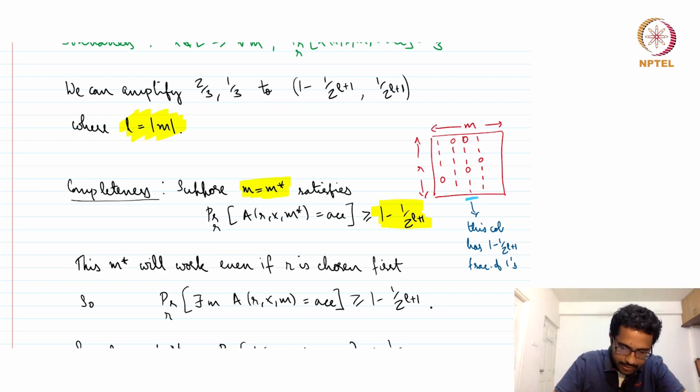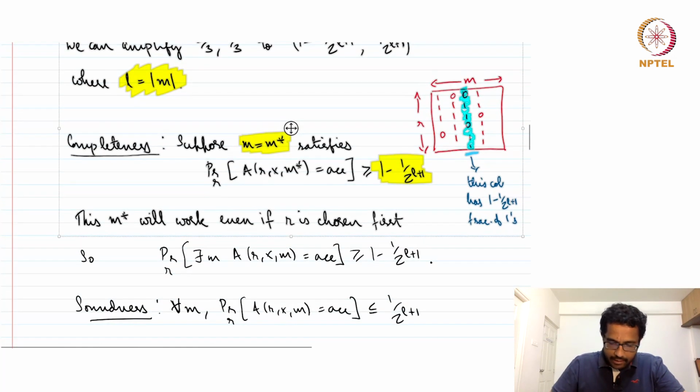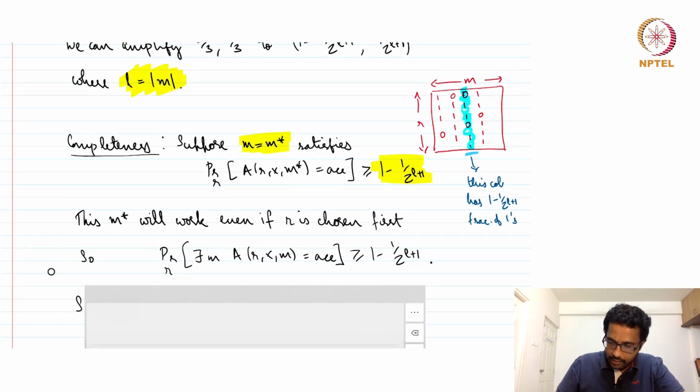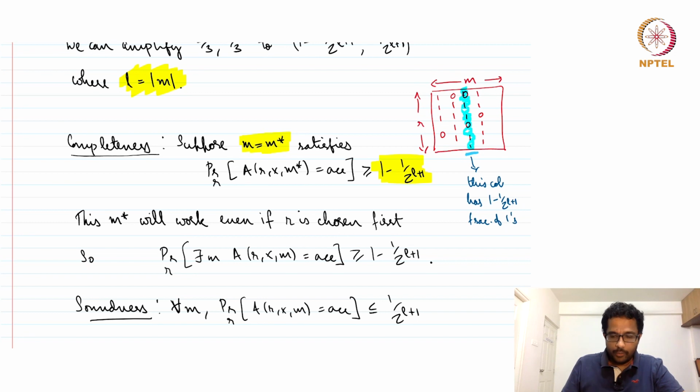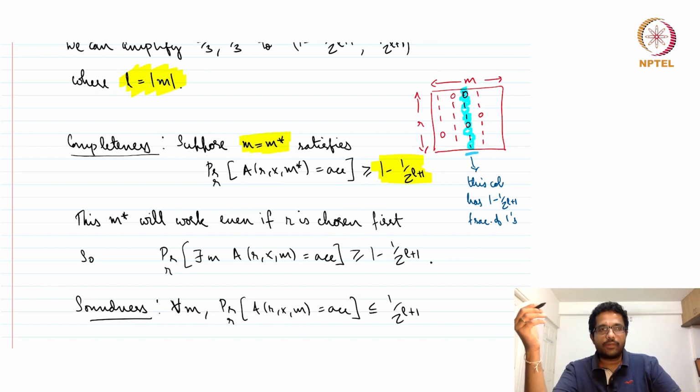Right? So maybe I'll just highlight this. This column, a large fraction are ones. Now let us look at the completeness condition of AM, where the randomness is sent first, and then for which values of R can Merlin pick a message that will lead to acceptance?